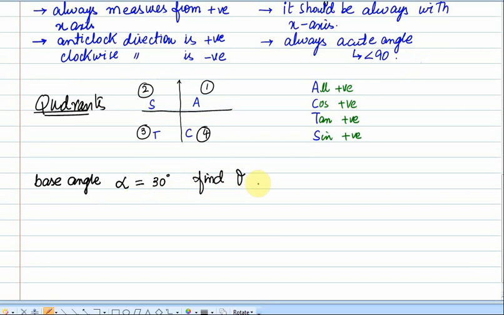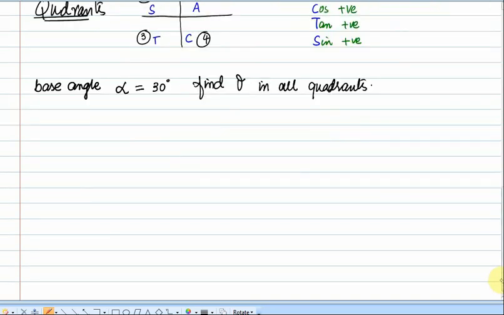Find theta in all quadrants. Right? So that is the first basic question, what is alpha and what is theta.